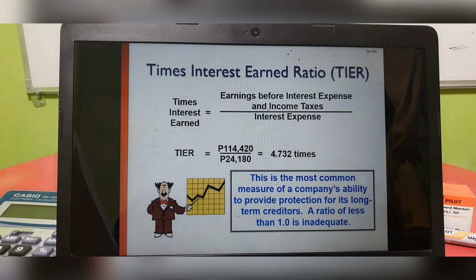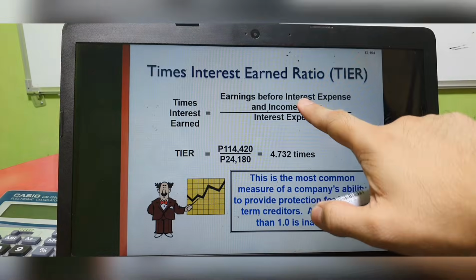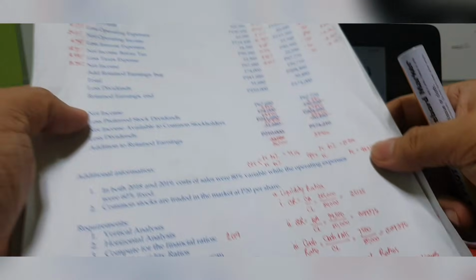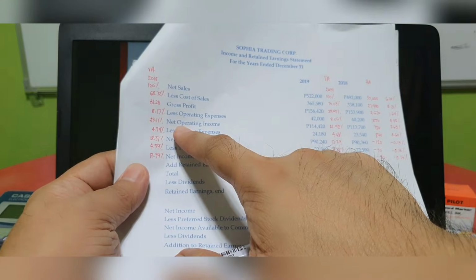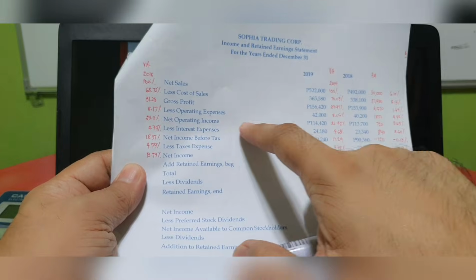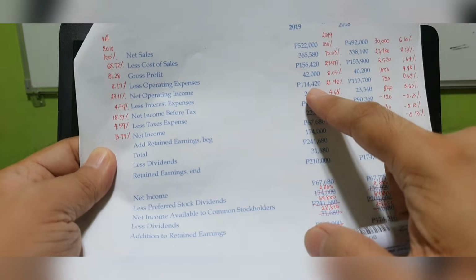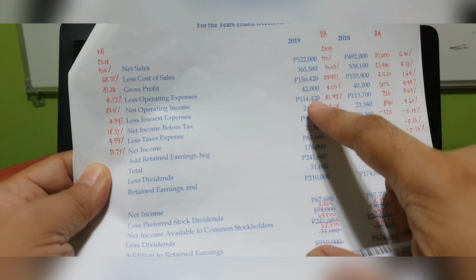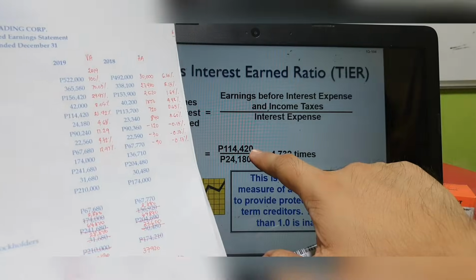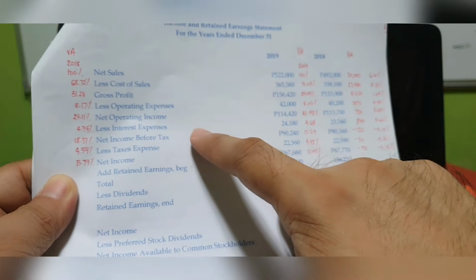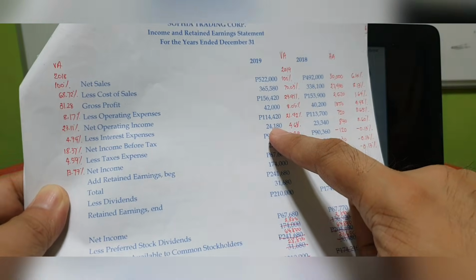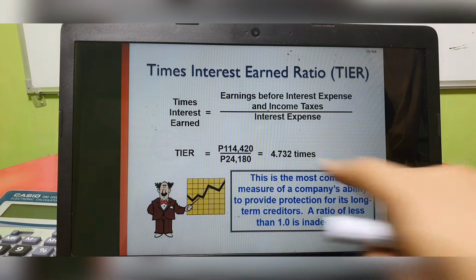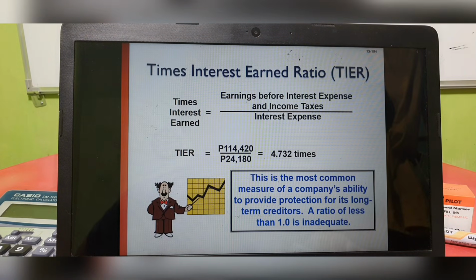So, in our example naman, ang ating earnings before interest and taxes or EBIT is also our net operating income na 114,420. Okay? That is our numerator. At ang denominator natin ay yung interest expense na 24,180. There. 4.732 times.